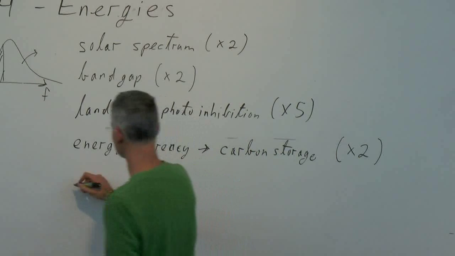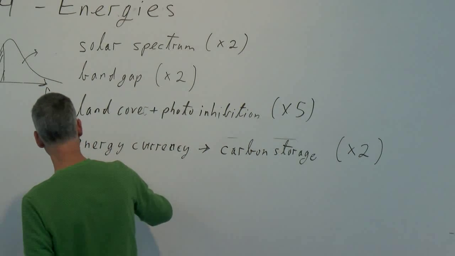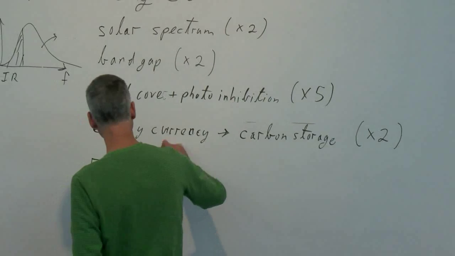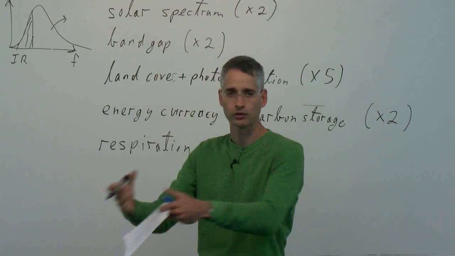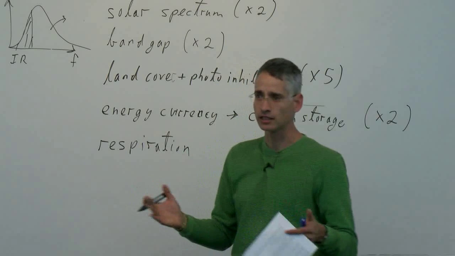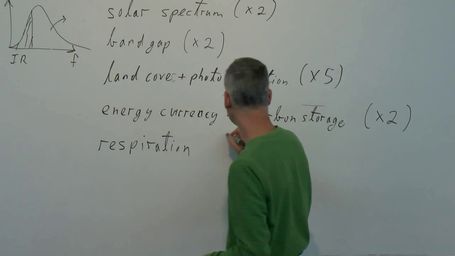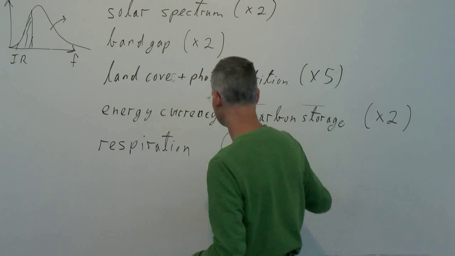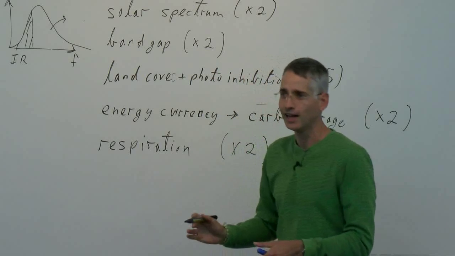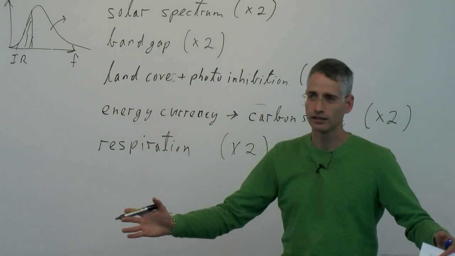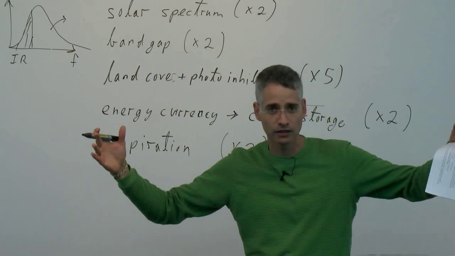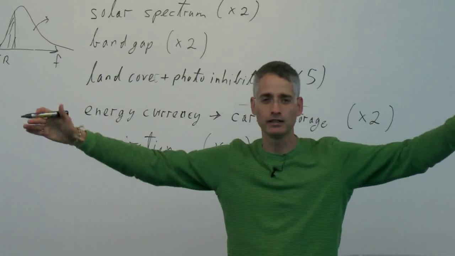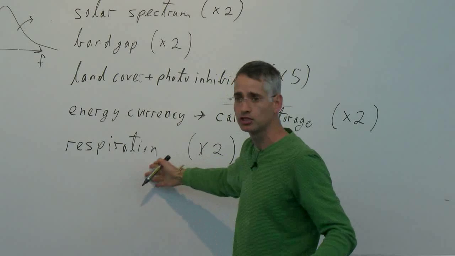So this is called respiration loss, which in a way is like what you have to pay in order to get what you want in the end. Again, there's all sorts of averages on that. That would give us another roughly factor of 2. And now I'm already at what I wanted. I started from photons in the sun. Now I already have a plant that has made this biomass that is not being respired.